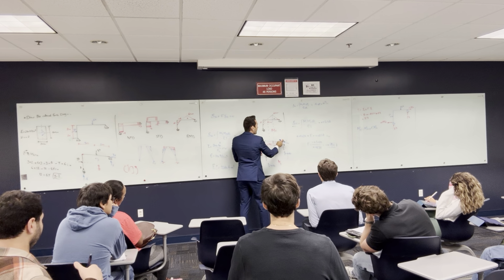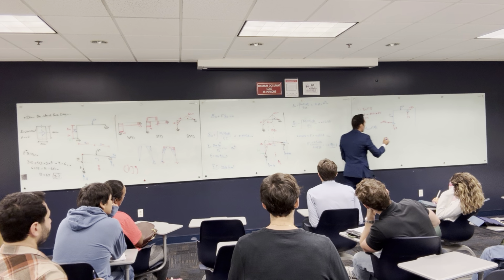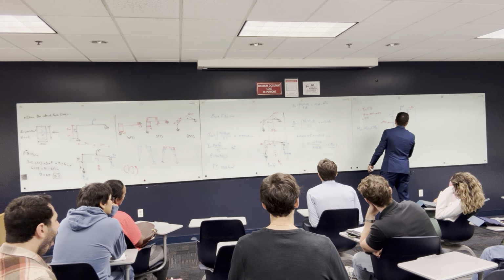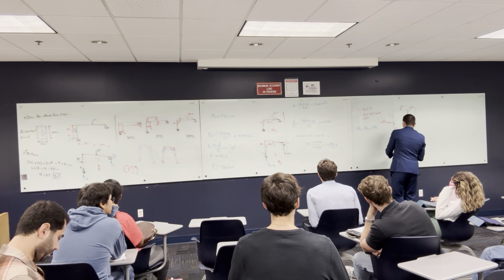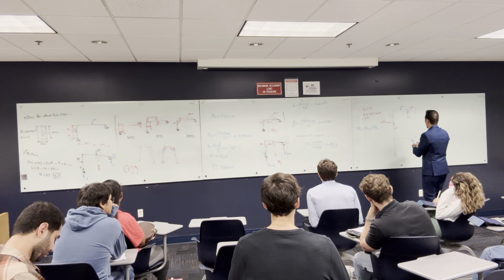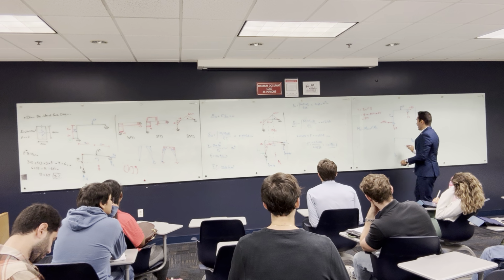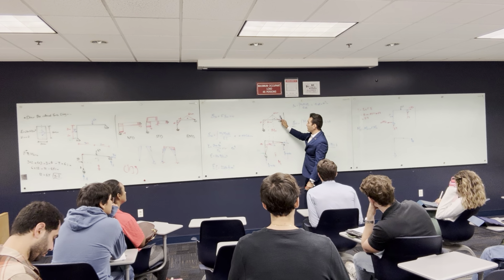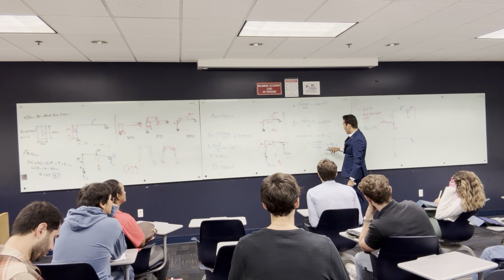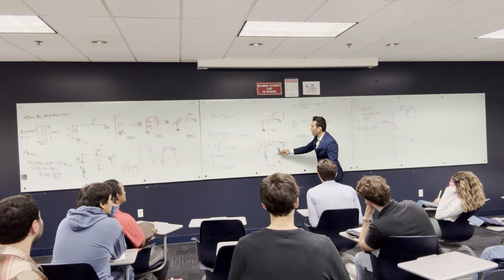So if this is 0 and this is 0, the moment here is going to be 0. You want to find the value in the middle here. This is 6 positive minus 0.45 multiplied by -2.